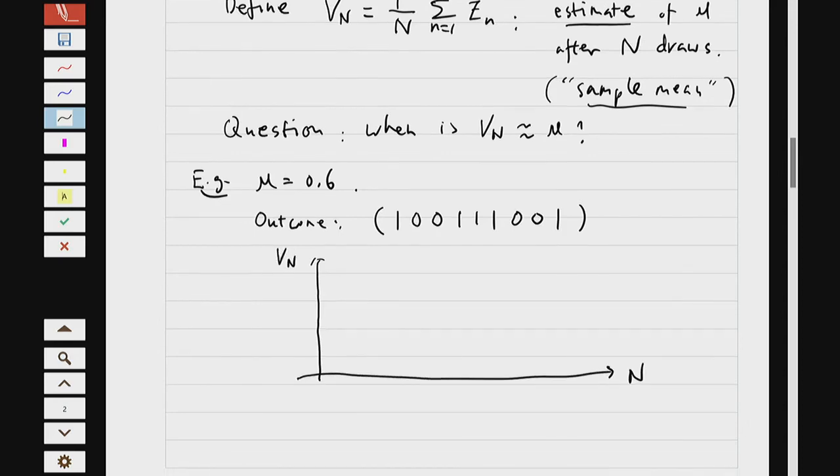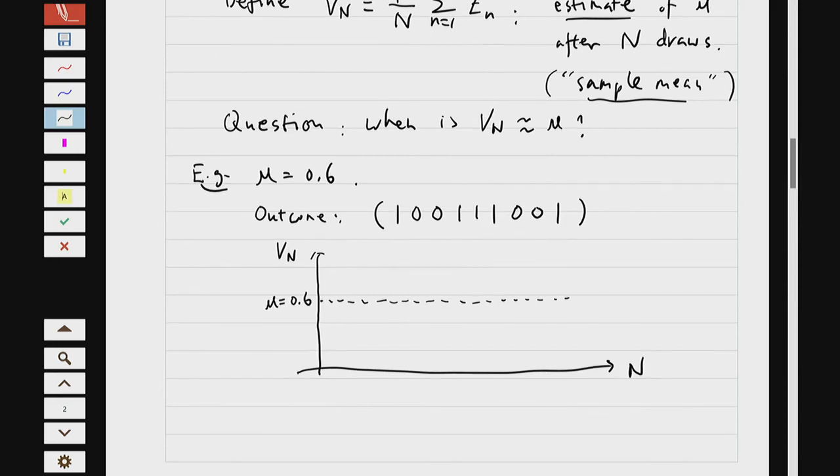Okay. So let's say this is the mu equals 0.6, the true mean. We don't know what it is, of course. 1, 2, 3, 4, 5, 6, 7, 8, 9. 9 draws. So the first draw, we get a red ball.